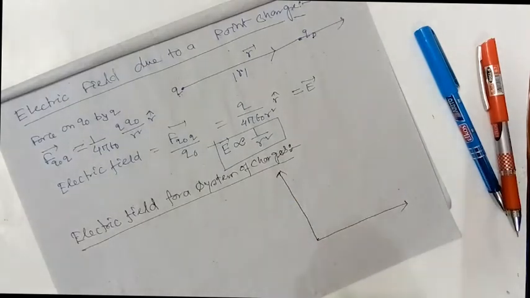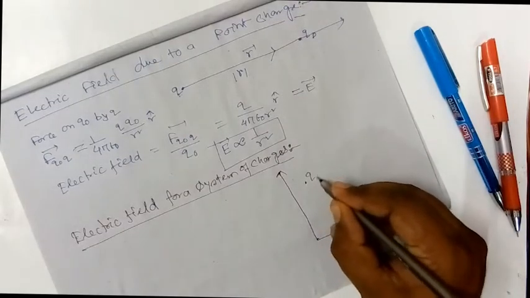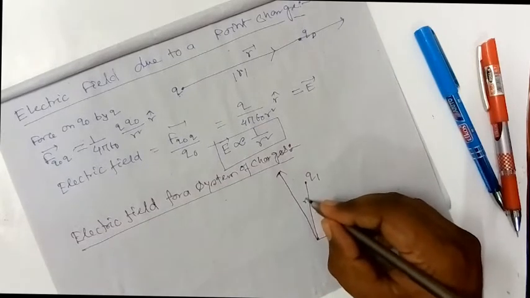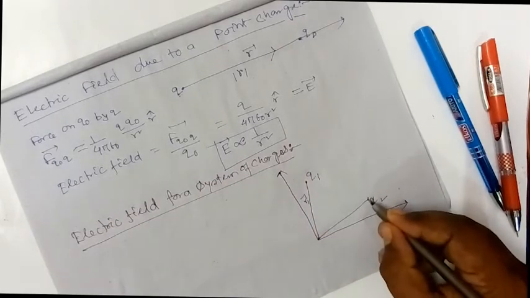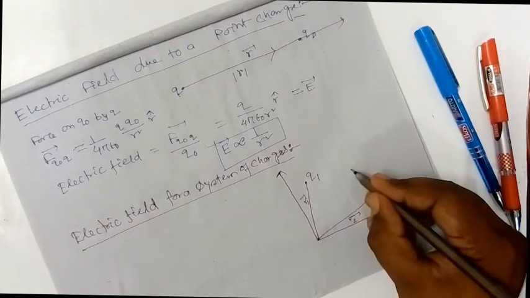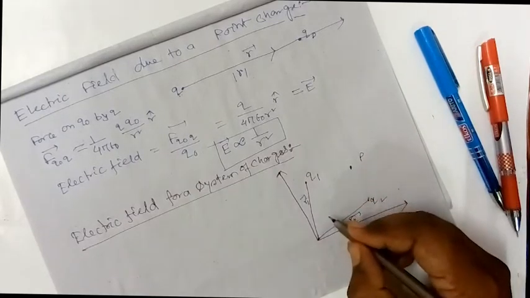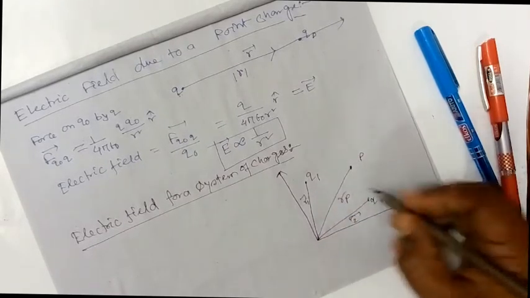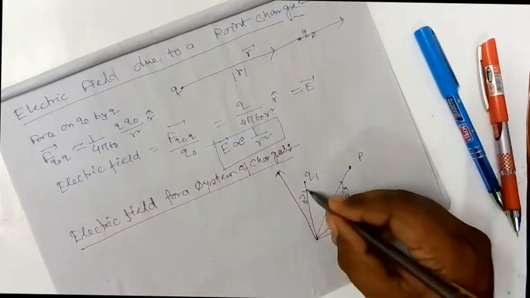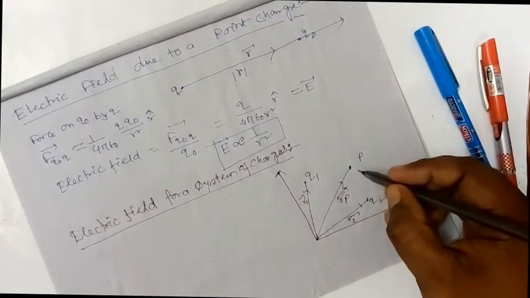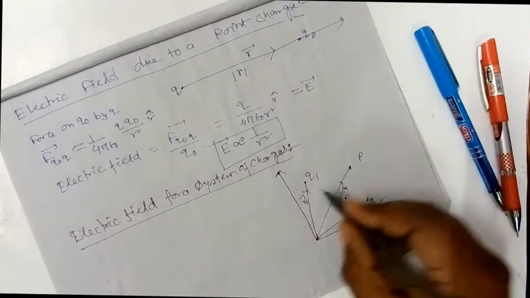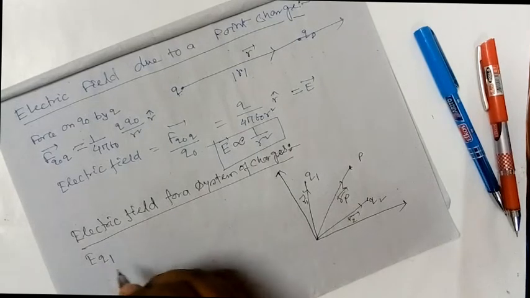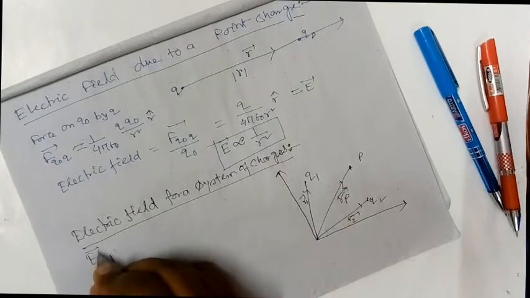Okay, here we have to take two charges, one Q1 at the position R1, and another Q2 at the position R2. One point is given, that point we take as P, and P is at a distance of RP, vector definitely. Then if I want to find out the net electric field at P, for Q1 on P we can write EQ1.